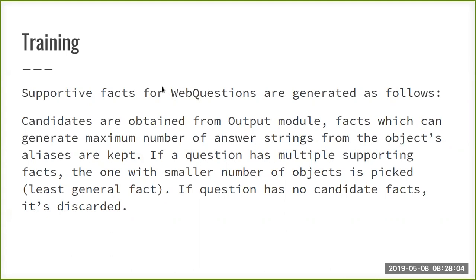And then they would loop through all these answer strings and corresponding facts. They would pick the facts with the smallest number of objects, so the least general. And they discard all the questions that do not have any candidate facts whatsoever.